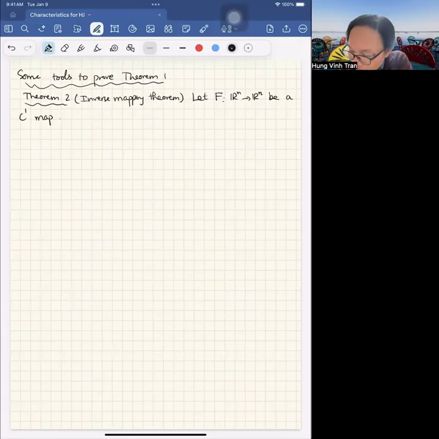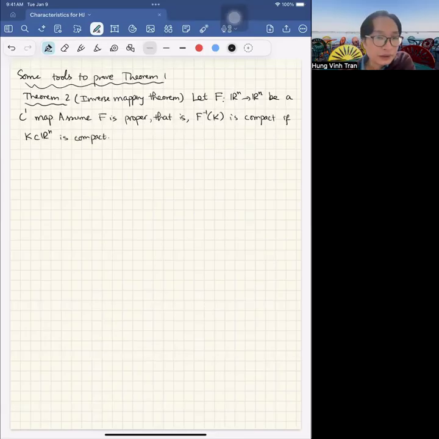So assume F is proper. That is, I would have that F inverse of a compact set is compact, for K in Rn compact.